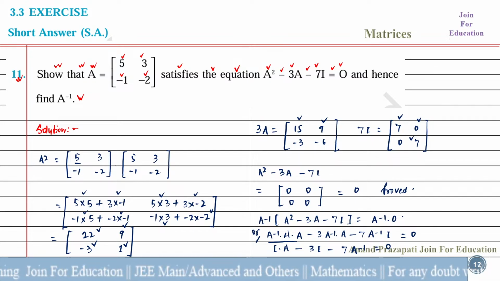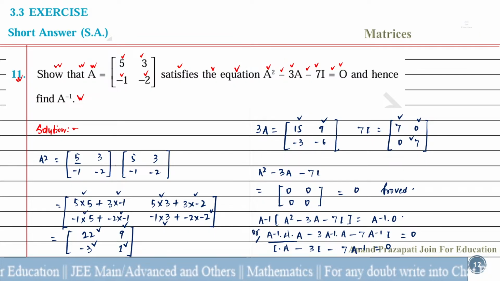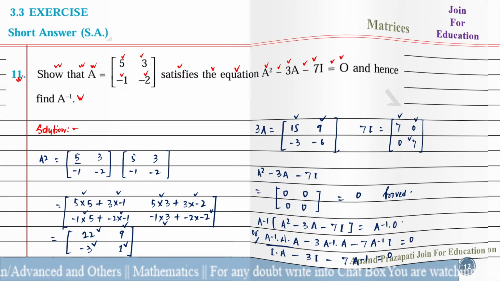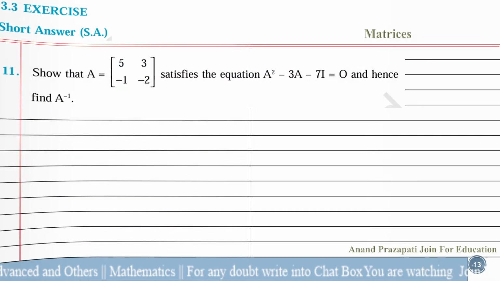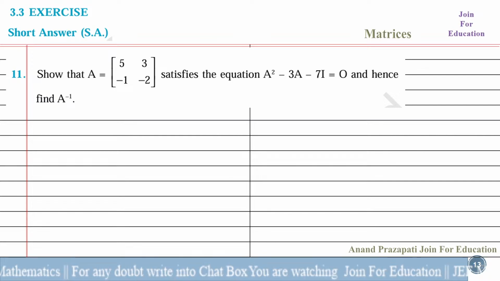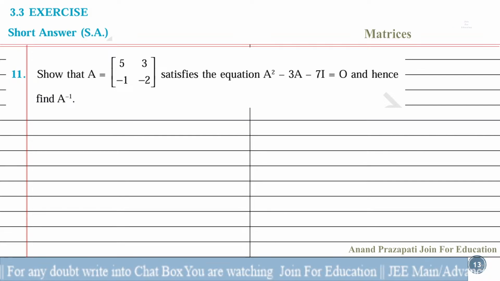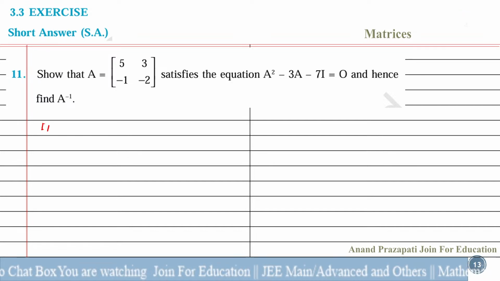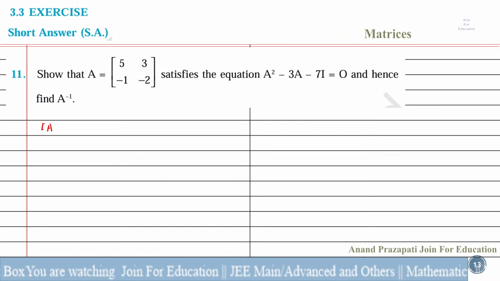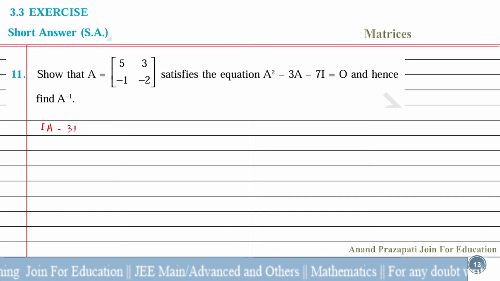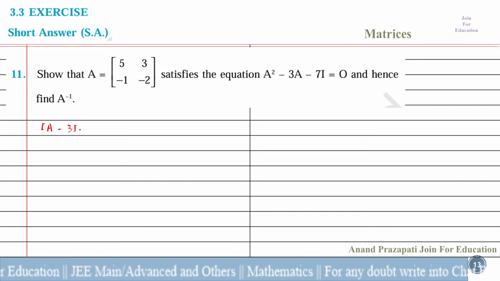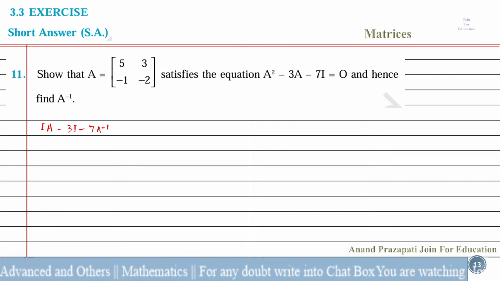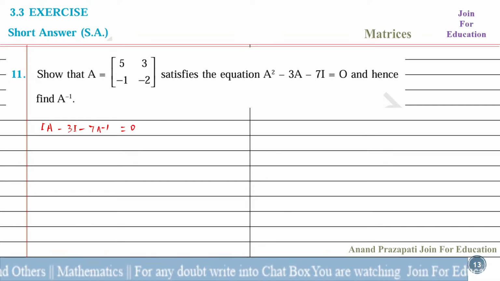So let's see the next step. The next step here will be IA minus 3I minus 7 into A inverse equal to 0.